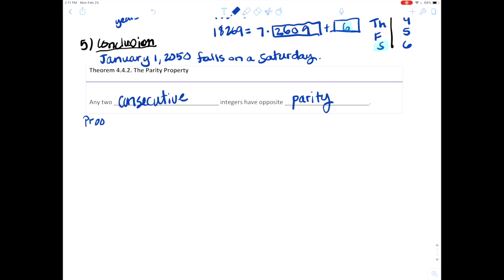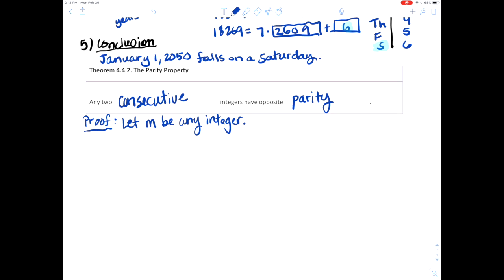Proof, gotta start somewhere, right? So why don't we let m be any integer? Well, what will the next consecutive integer be? You'll just be adding 1, right?